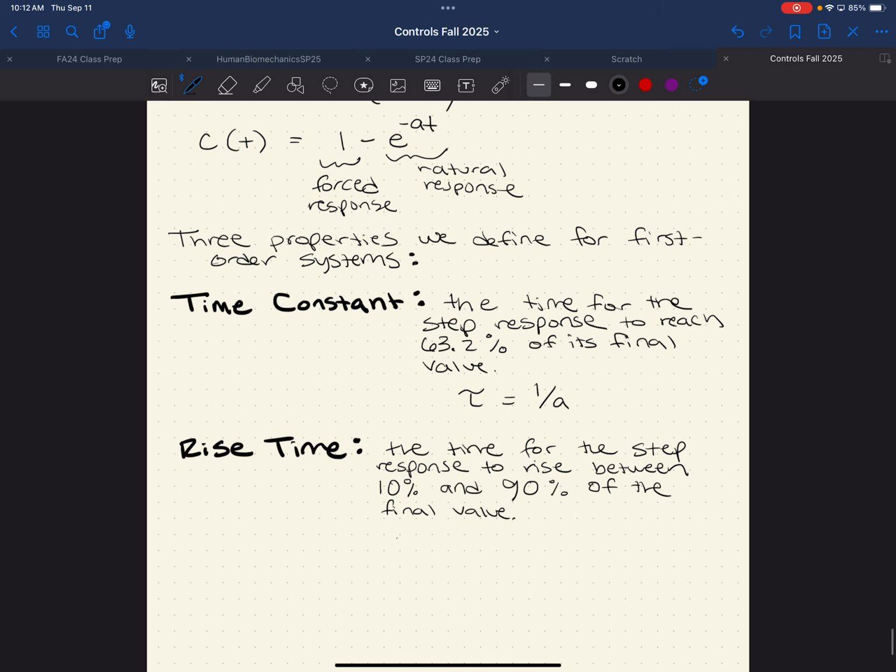And we call that T sub R, and it's equal to 2.2 over A, or 2.2 times our time constant tau.